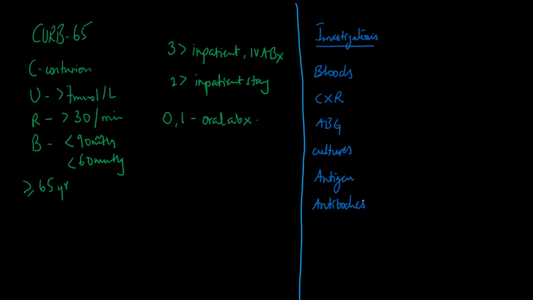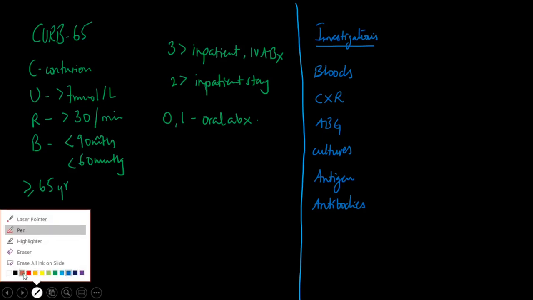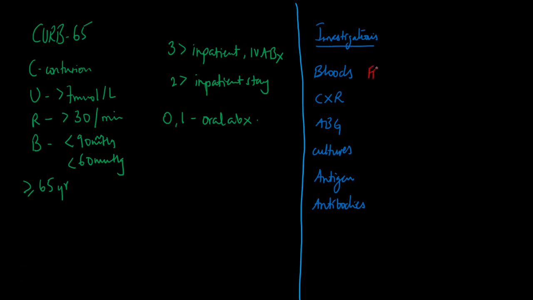This last is only if the cause remains elusive. In terms of bloods, we can do a full blood count, renal function, CRP. So these are the three main ones to do.